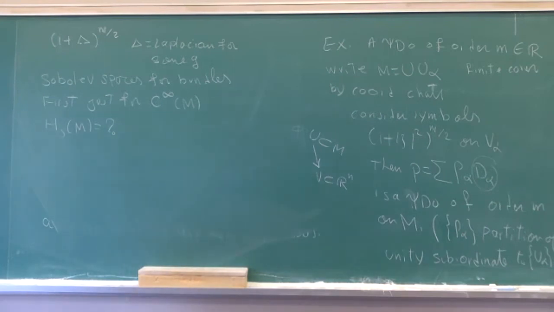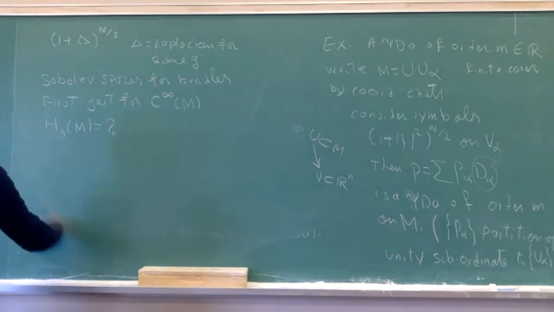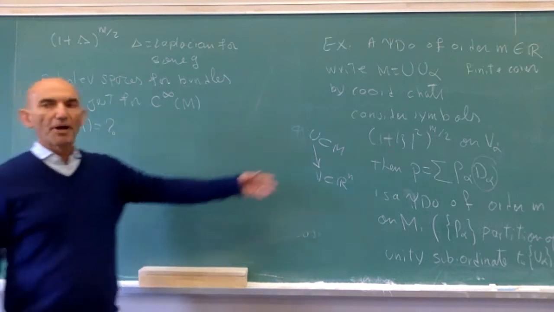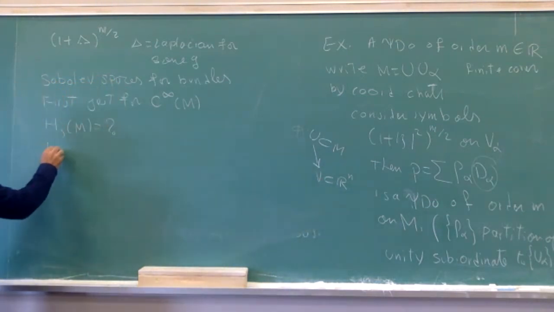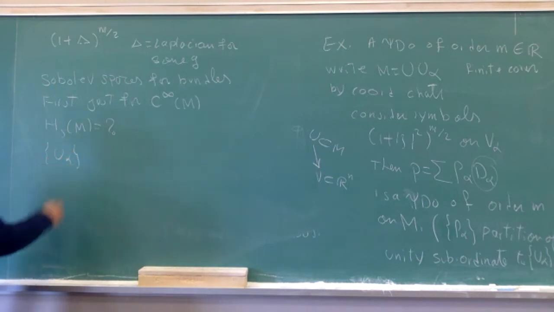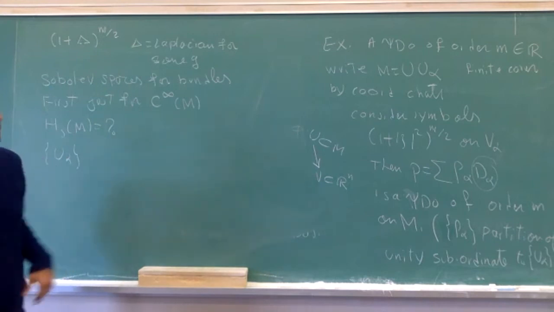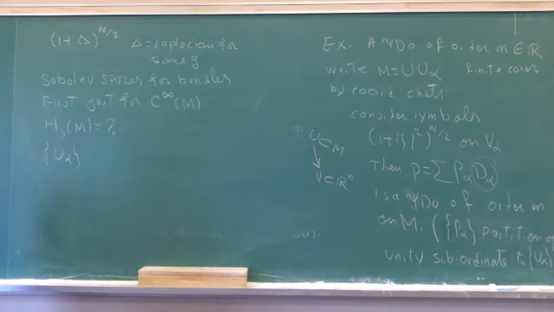So that's what we want to do. We can do the following. We can again choose a finite open cover. So U alpha is a finite open cover by coordinate charts for M.